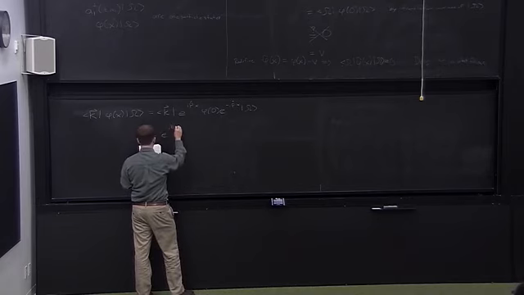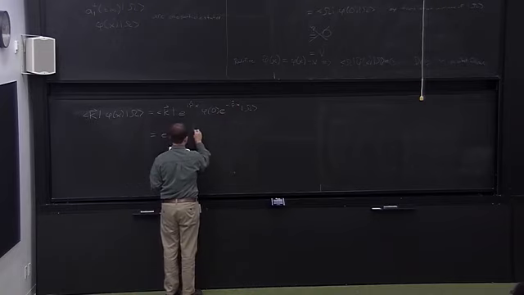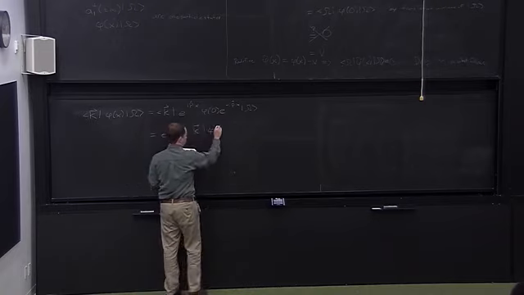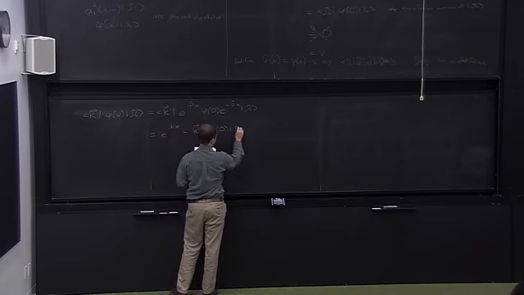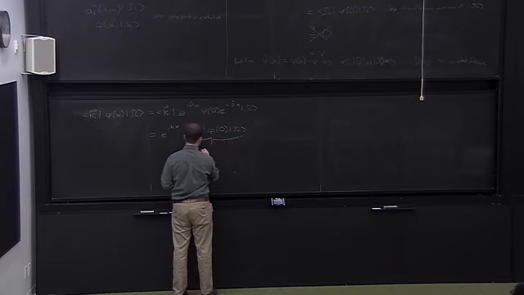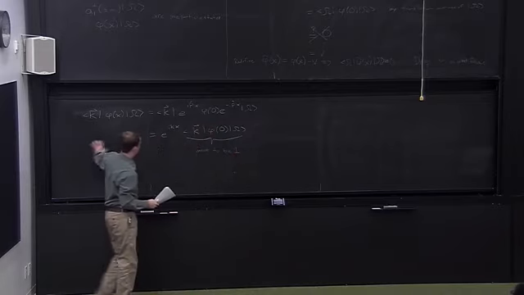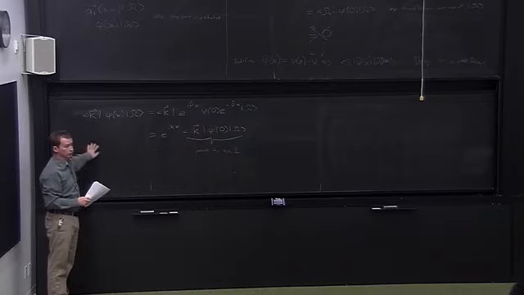So this is e to the ikx, which is what we want. But we're also left over with this extra factor, which we want to be 1, so that the normalization of our field is correct.